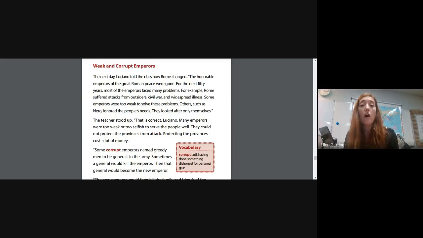There was also widespread illness, like the pandemic happening right now. So there are all sorts of problems happening in the empire. Attacks from outsiders, civil war where they're fighting against each other, and illness, widespread, like the pandemic happening across the world for us right now.